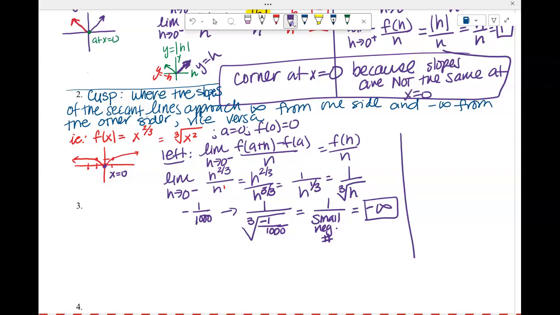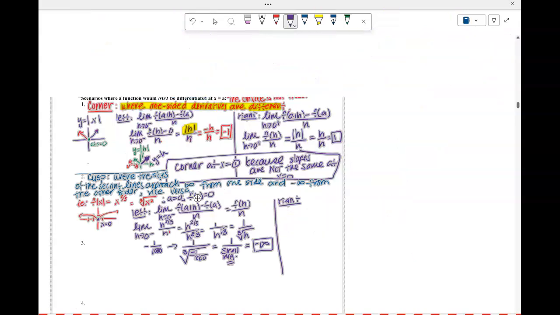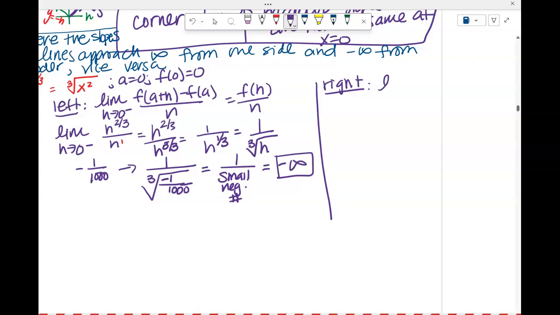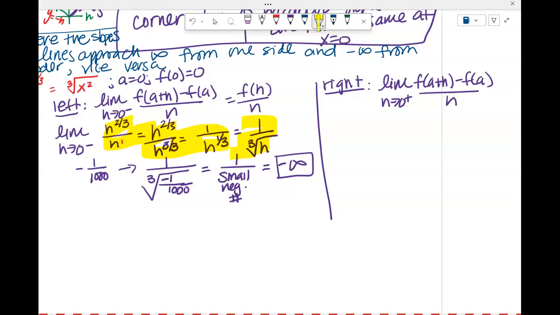When we do the right-hand derivative, guys, it's very similar in terms of our definition. The limit as h approaches 0 from the right of f of a plus h minus f of a, all over h. Now the math is going to be exactly the same. All of this is going to reduce the same, okay?